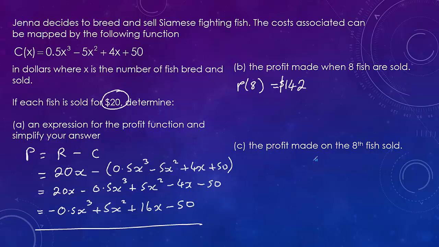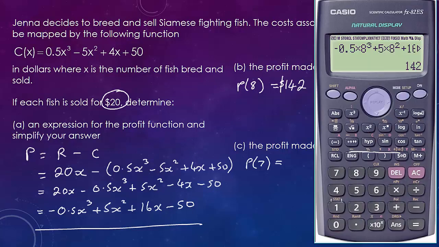The profit made on the 8th fish sold. So it's just when we sell the 8th fish. To get that, if we take away the profit on 7 fish, that will give us the profit on the 8th one. So start by doing profit of 7. And all we need to do is go through on the calculator and change the 8s to 7s.